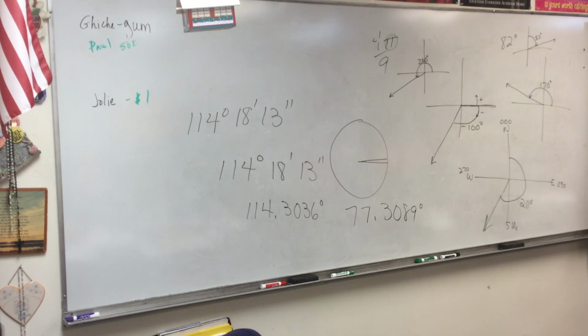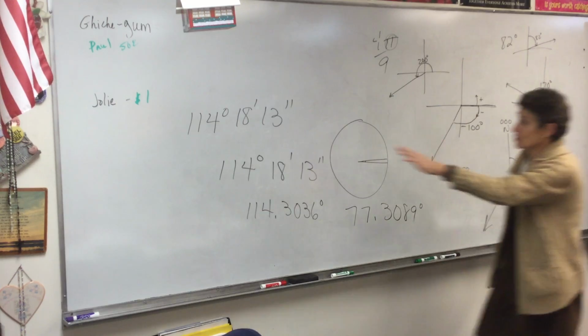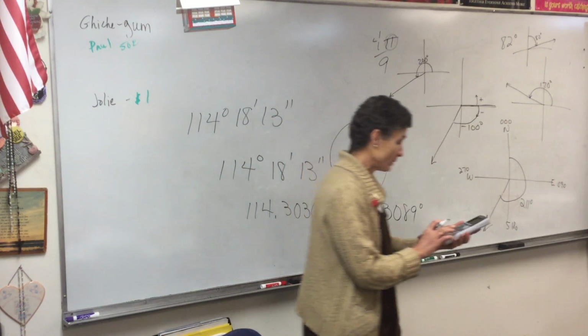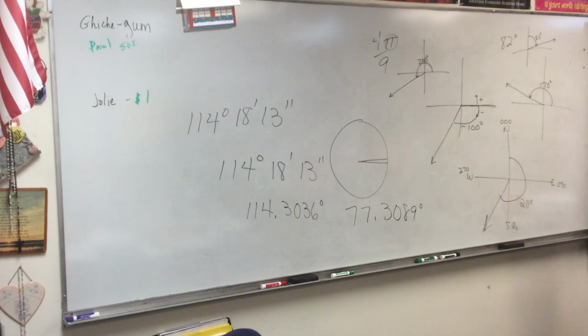So then the last question is number 5 at the top. You're given 44.55. So in other words, you're given decimal degrees, and we're going to change that back into degrees, minutes, and seconds. All right, so here's what we do. We type 44.55. Go into your angle menu, so that's second angle, and notice option 4.